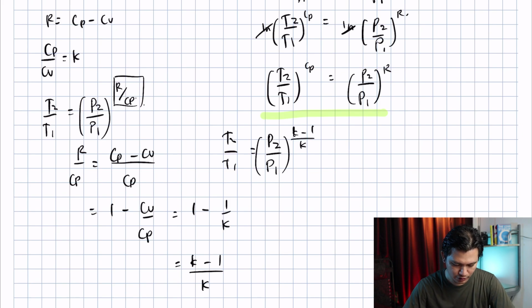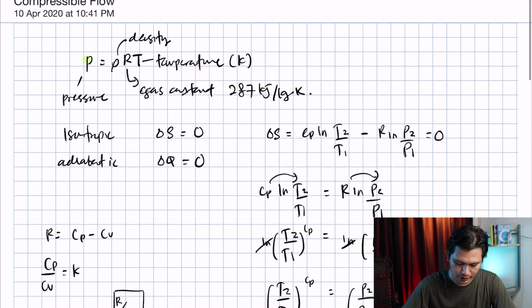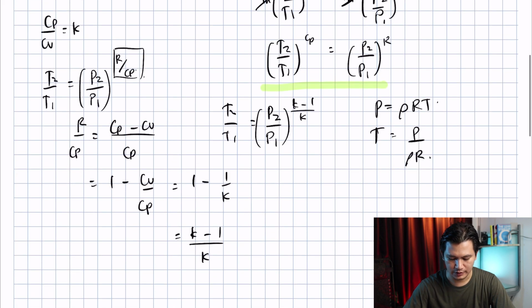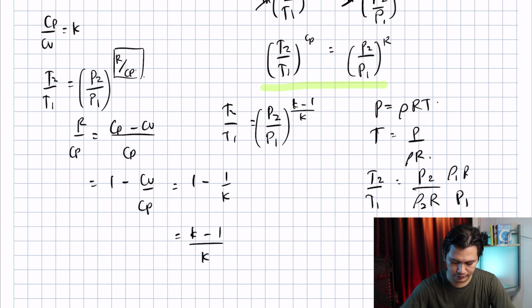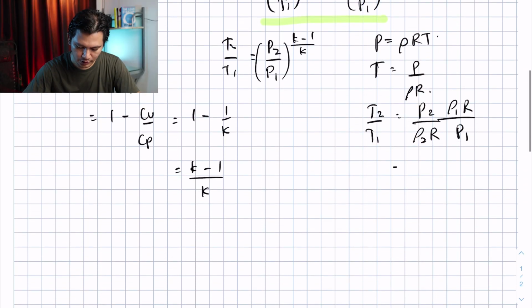And if I go back to my ideal gas equation, I know that P equals rho times R times T, so T must equal P divided by rho times R. So T2 over T1 will be P2 over rho 2 R divided by P1 over rho 1 R, which is equal to P2 over P1 times rho 1 over rho 2.